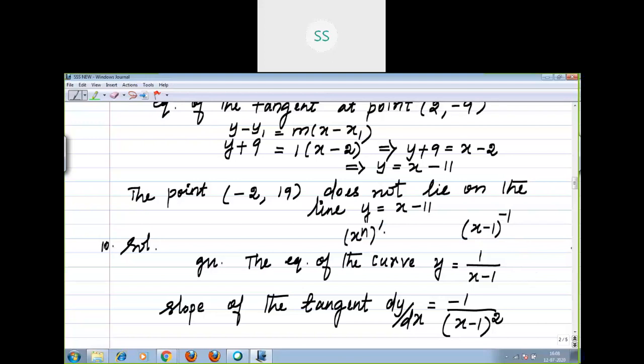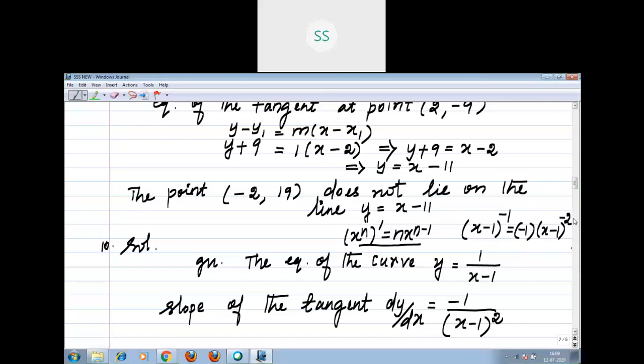The derivative of x power n is nothing but n into x power n minus 1. Using the formula, you differentiate. Now, minus 1 into x minus 1, the whole power minus 2. When you shift to the denominator, it will act as positive. So I wrote directly as minus 1 by x minus 1 the whole square.